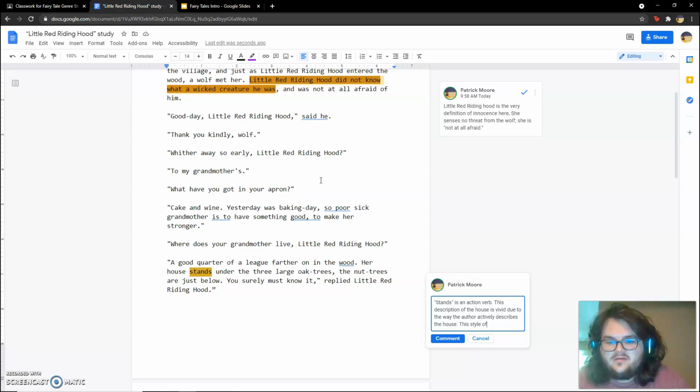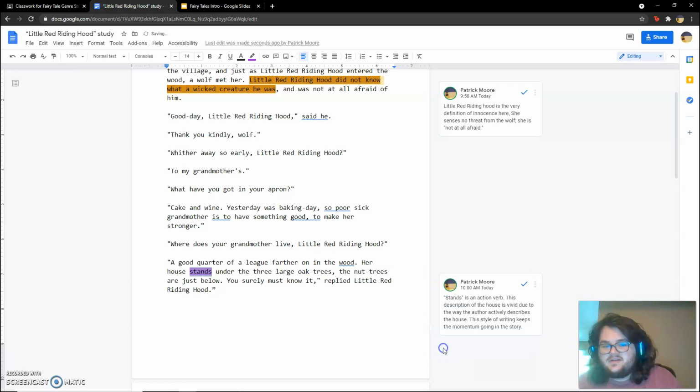This style of writing keeps the momentum going in the story. So a direct quote from the text, and then just a little bit of espousing on these ideas.